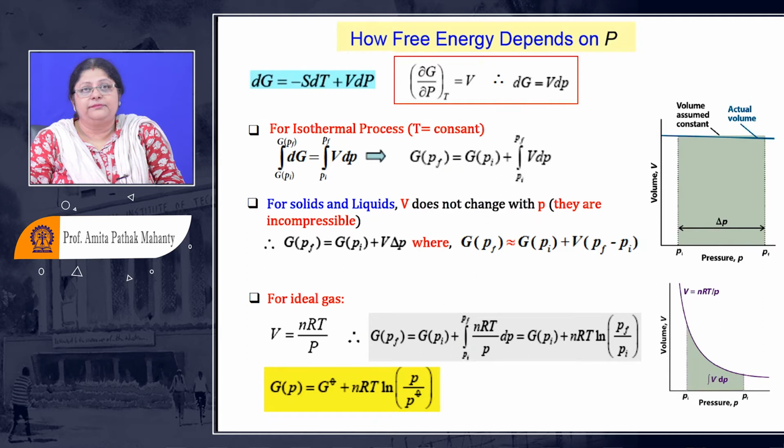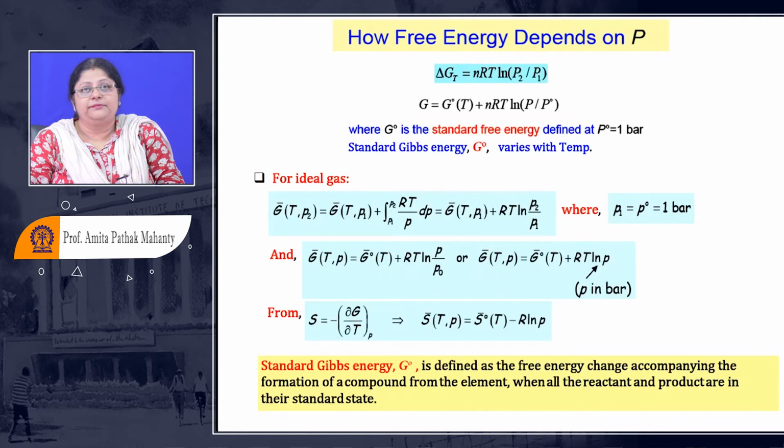So if nothing is written, G at a given pressure is equal to G naught plus nRT ln P only, meaning the denominator is not written because it is 1 bar. Okay, am I clear? In this expression, this is the P naught, and this is the P you are measuring.